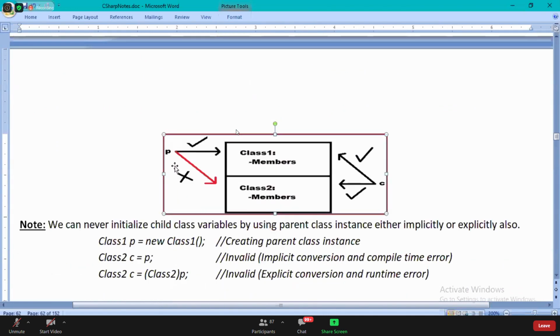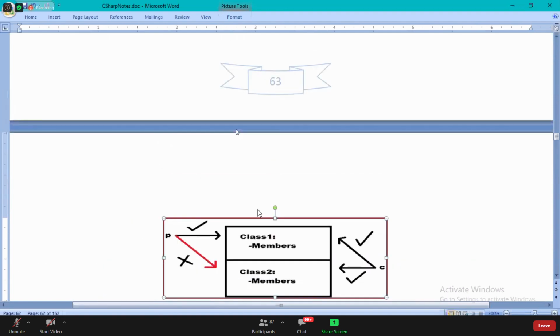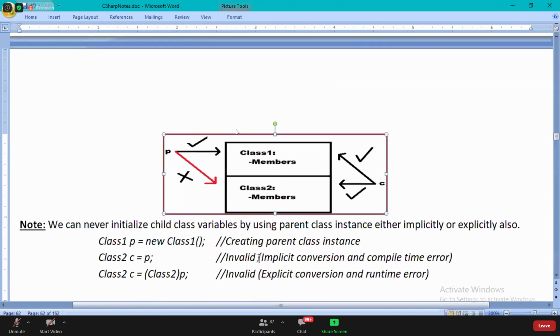You cannot call this, it is inaccessible to you. You can call with C, you can call class 2 members, you can call class 1 members, but with P, you cannot call class 2 members. Okay, next. See, read this, guys. Read this note, all of you.